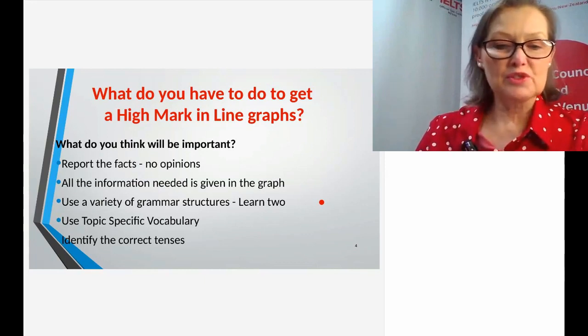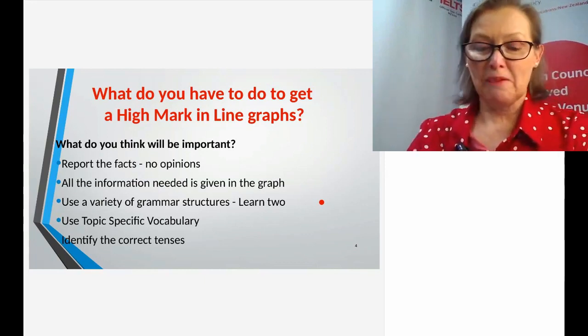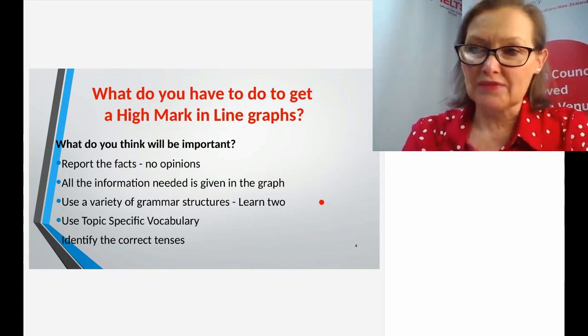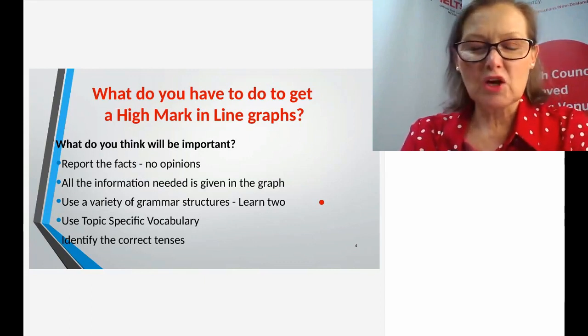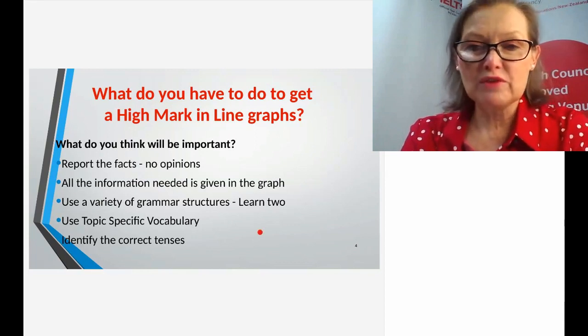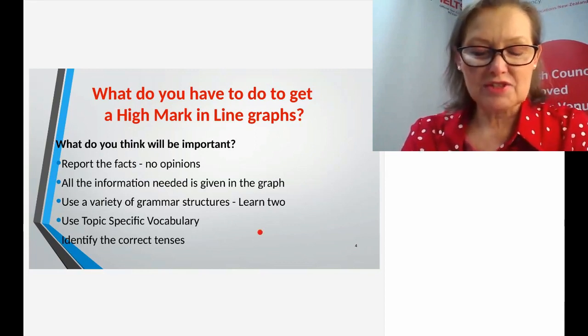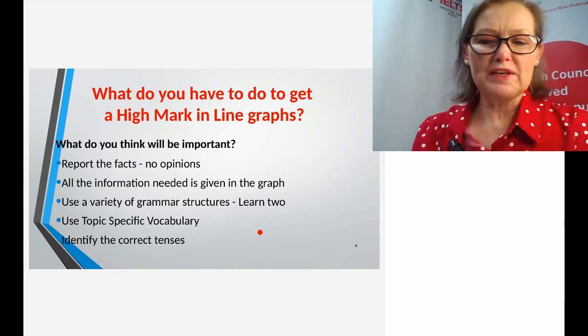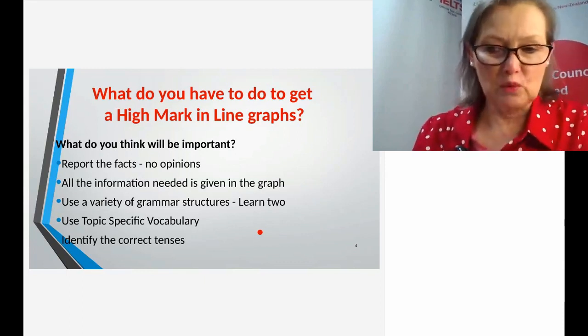It's important to use topic-specific vocabulary. And for our line graphs, for our task 1, the collocation, or the words that we choose to put together, and the sentence structure are very tight. So we need to follow very specific rules.